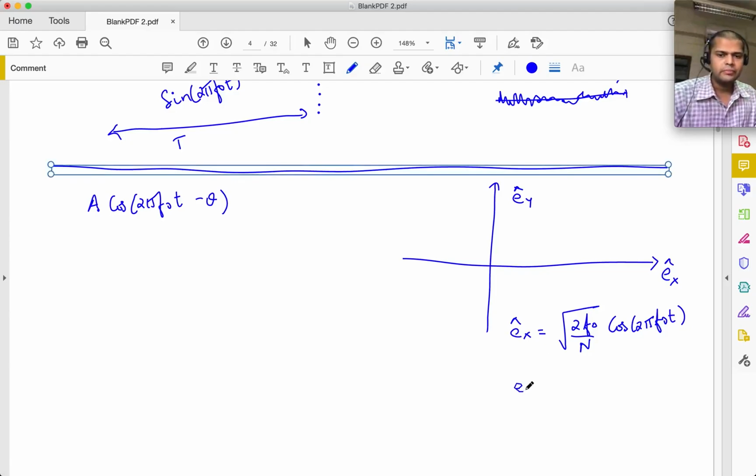And what would Ey be? According to the way we defined it, the unit vector on the y-axis should be a multiple of sine 2 pi f0 t, and of course the normalization factor is the same one.